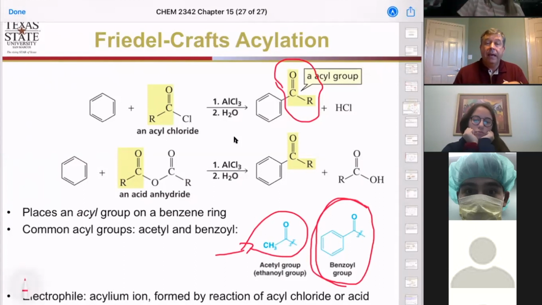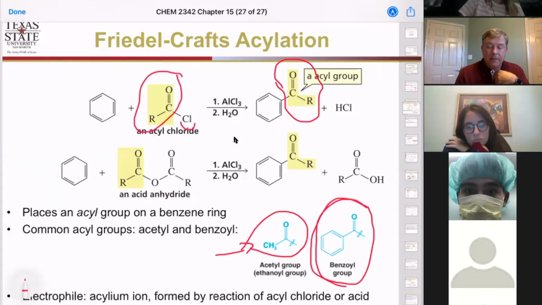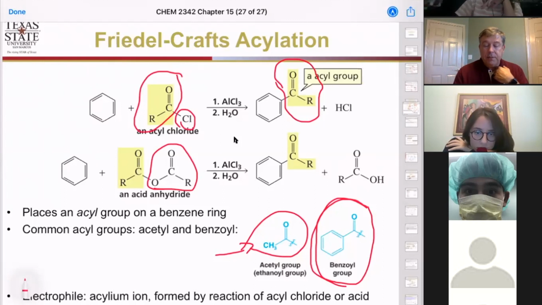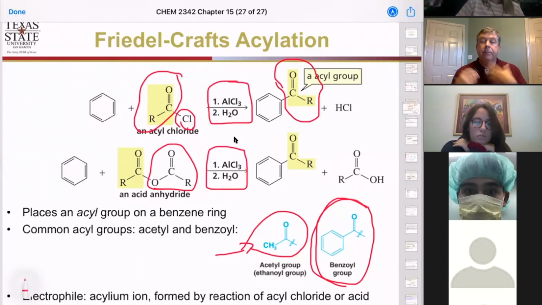In both cases, we start with some carbonyl compound, and it's either an acid chloride right here or an acid anhydride. The reason we use these is they have the best leaving groups and it's easiest to generate our carbocation in them. In both cases, just like in the alkylation, aluminum chloride is primarily used as our Lewis acid. And in both cases, we end up quenching them at the end, typically with water, to generate our new aromatic ketone.